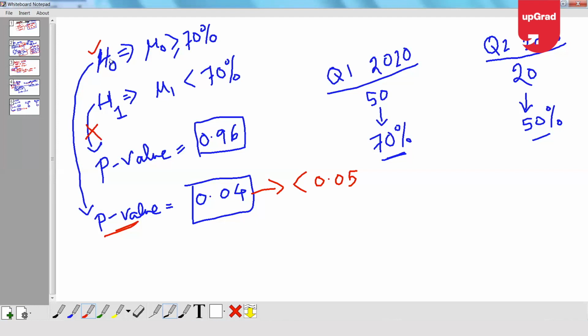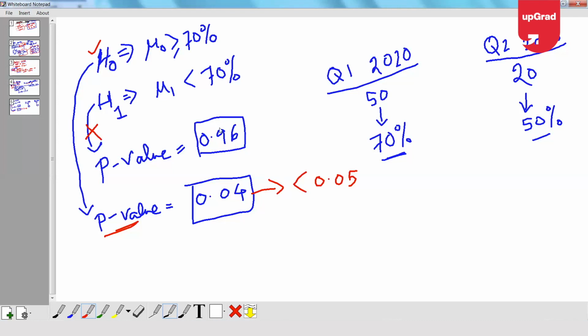I want H0 to fail and give me a very low probability, right? How did you calculate? If you think, okay, how did you find this 0.04, 0.96, 0.55? Right now, I've just cooked it up. How do we actually do this test? Let's not worry right now, but let me just give you a spoiler alert. It's not very difficult because by this time you already know central limit theorem.